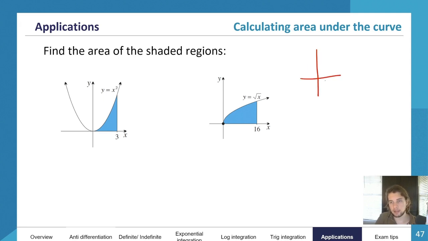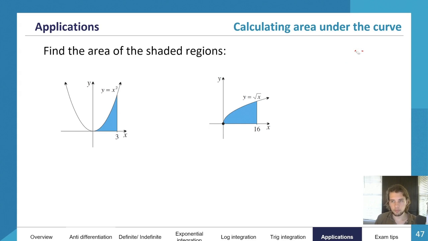So if you had a parabola like this, it could tell you to just find the area beneath it, and then you would have to manually find what these points are. So that's just another level instead of it giving you these points.